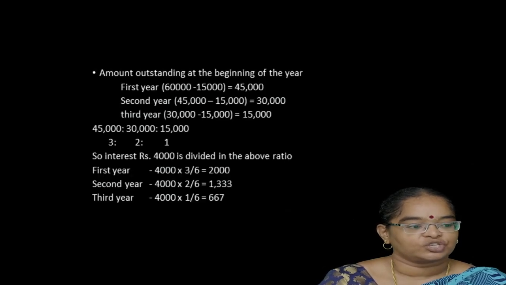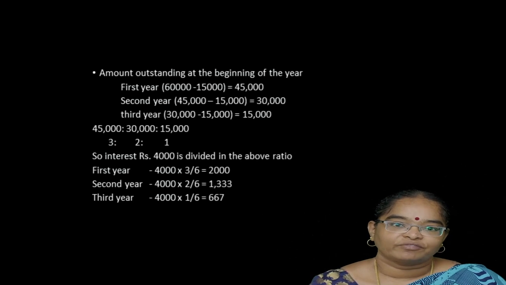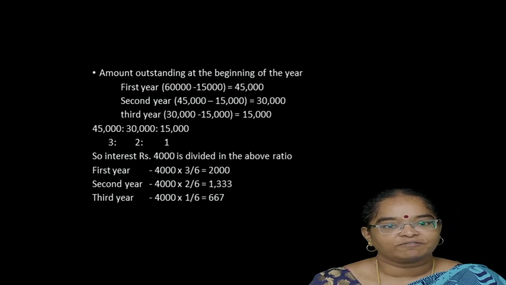It is essential. So I compute the amount outstanding at the beginning of the year. First, hire purchase price 60,000. From the 60,000, 15,000 down payment is made. So amount outstanding at the end of the first year is 45,000.